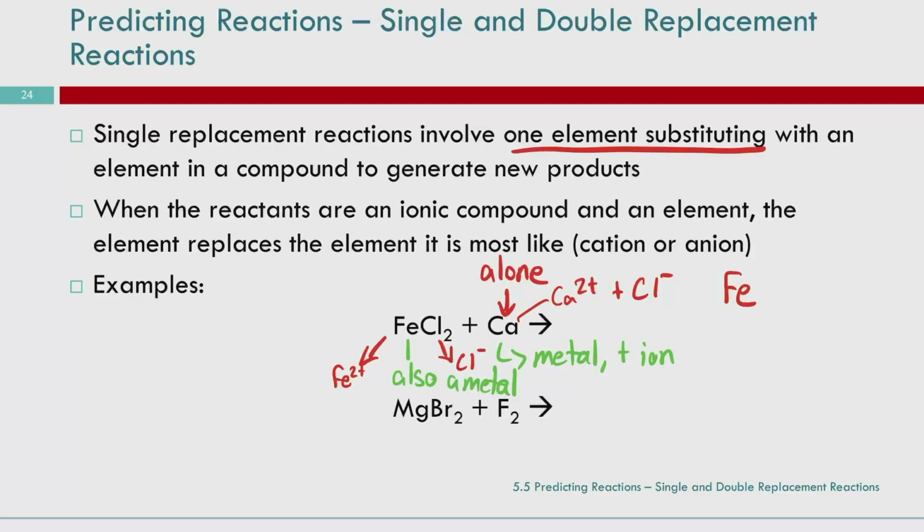And so when we recombine our calcium and our chloride, we can crisscross those. We get CaCl2, and our other product is iron by itself.